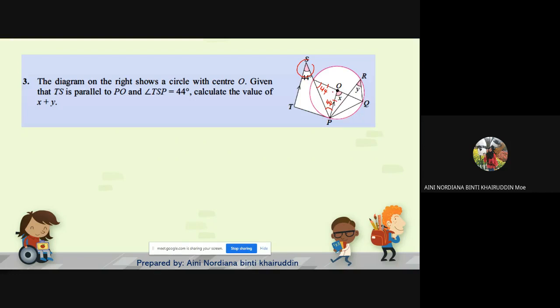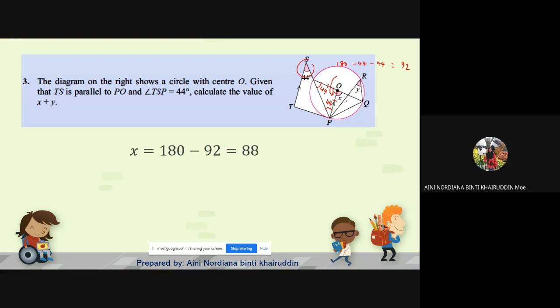Okay, next you can calculate the value of x. First you need to calculate this angle first. This angle equals to 180 minus 44 minus 44. Then you will get 92. So to calculate the value of x, 180 minus 92.